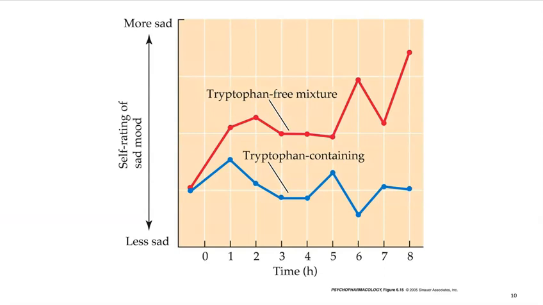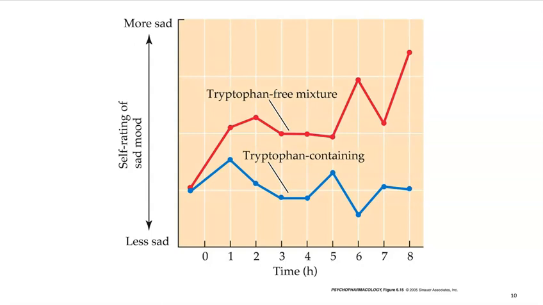So here's a fun graph that's showing a tryptophan containing meal or diet versus a tryptophan free mixture diet and how it affects mood. On the y-axis we have self-rating of sad mood, so the lower on the graph the less sad, higher is more sad.